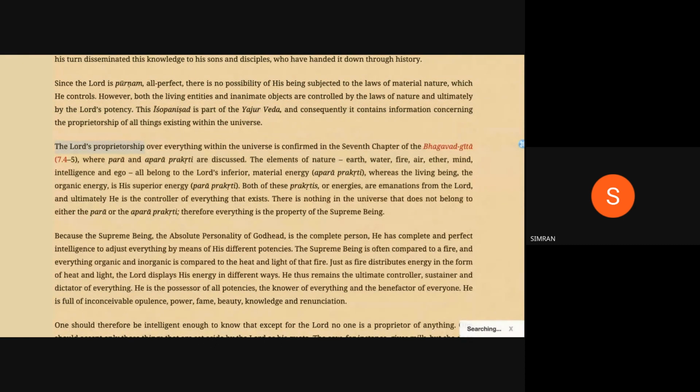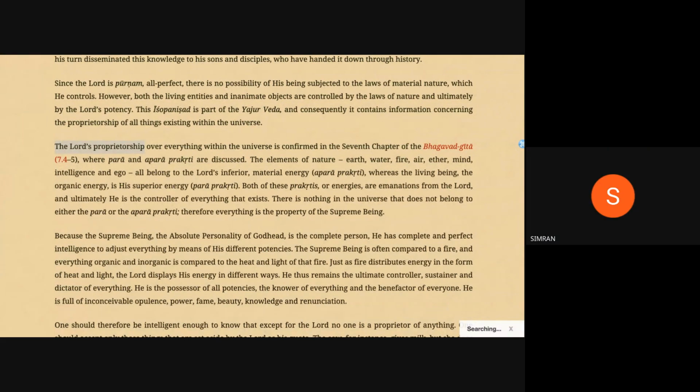The elements of nature: earth, water, fire, air, ether, mind, intelligence, and ego all belong to the Lord's inferior material energy, apara prakriti. Whereas the living being, the organic energy, is his superior energy, para prakriti. Both of these prakritis, or energies, are emanations from the Lord, and ultimately He is the controller of everything that exists. There is nothing in the universe that does not belong to either the para or the apara prakriti. Therefore, everything is the property of the Supreme Being.